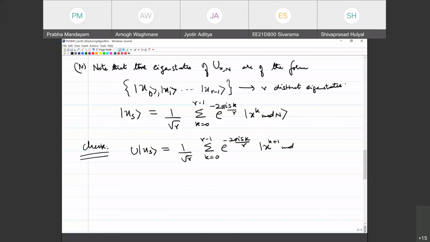So now it's a matter of relabeling things and pulling out a phase, right? And then this simply becomes U_s again because it cycles through, right? So what is the phase that we have to pull out? You pull out an e to the 2 pi i s by r, right? Then you will notice that what remains is simply ket U_s.